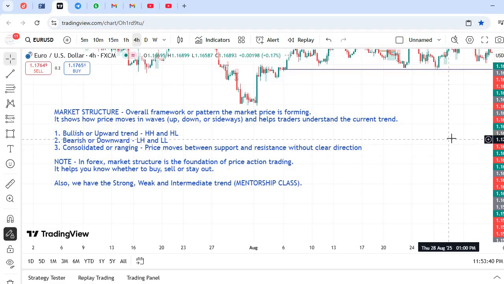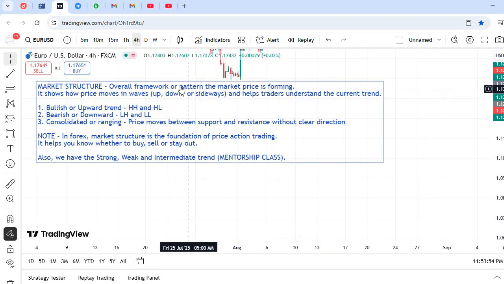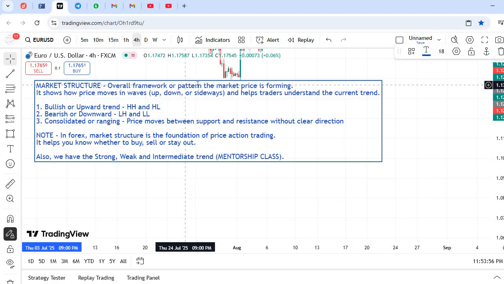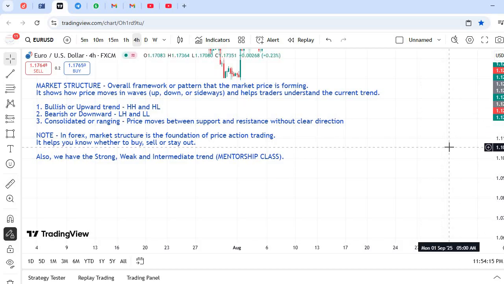So now, what do you mean by market structure? From the definition we have here, market structure means an overall framework or pattern the market price is forming. The market structure helps us to show price movement, because if you look at the chart, price is always moving from one point to the other.